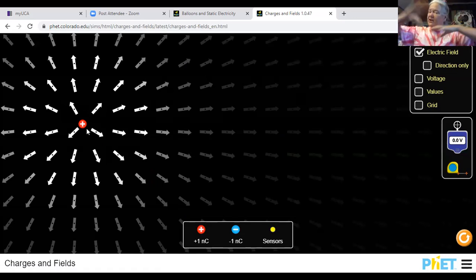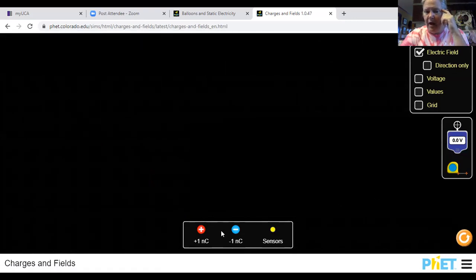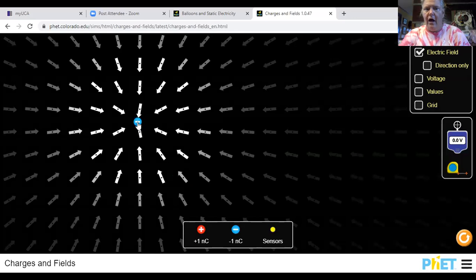It would come out spherically in every direction, okay? So this would be the field of the positive charge. So let me get rid of that. Now I'll put in a negative charge. The negative charge, also the field gets weaker, but now notice the direction is opposite. It points in toward the charge, okay?